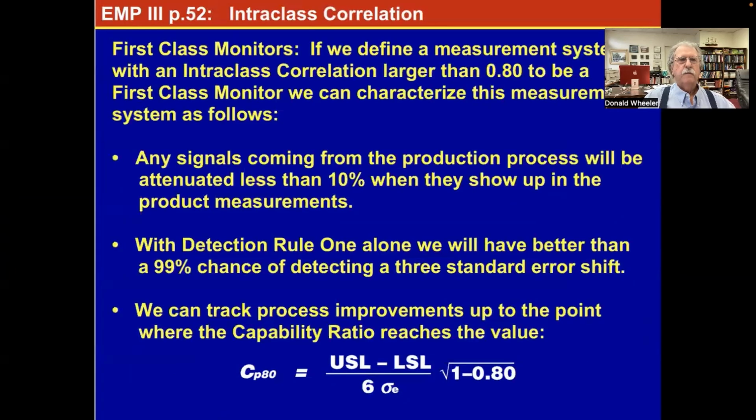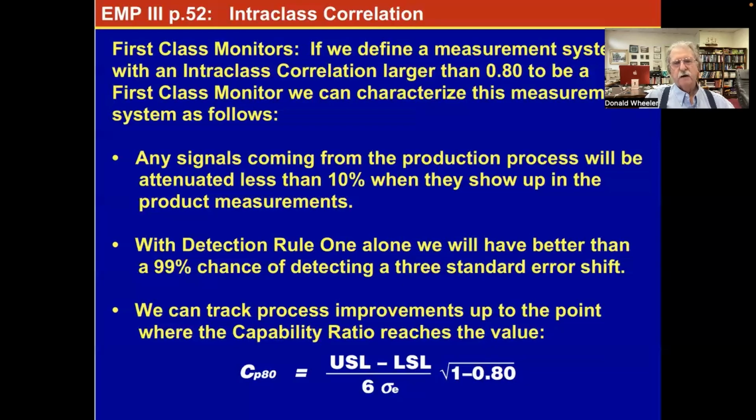Well, back on page 52. A first-class monitor will have an intraclass correlation greater than 80%. If you have a first-class monitor, any signal coming from the production process will be attenuated less than 10% when those signals show up in the product measurements.